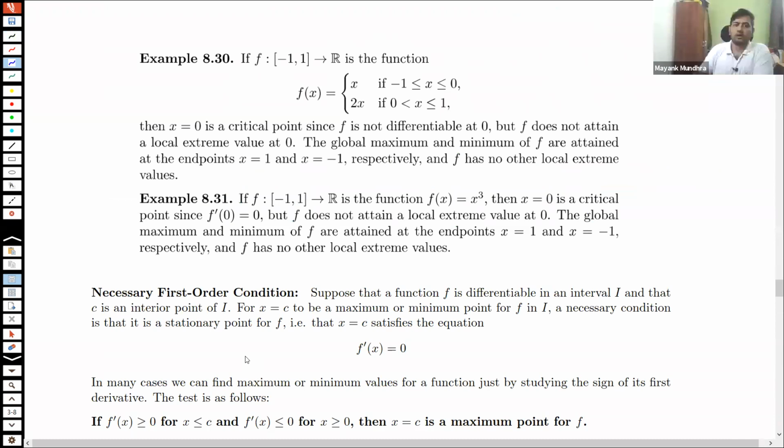All right, so if you have this function f of x equals x from minus 1 to 0 and then 2x, this function looks like this. Here it will look like this, here it will look like this. First of all, what are the boundary points?